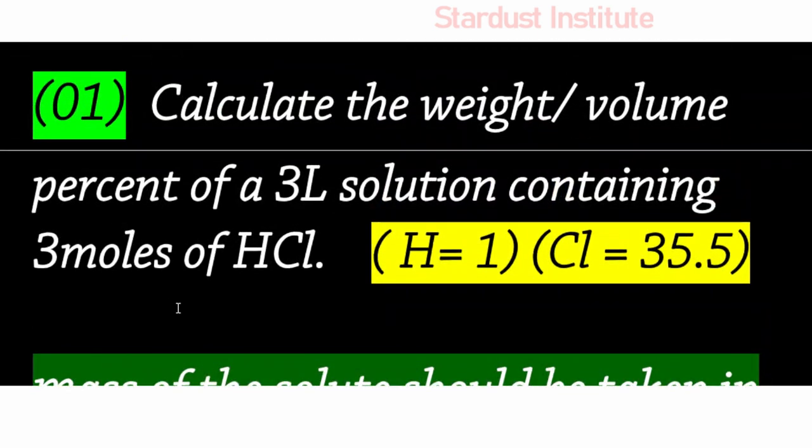We have been given the mass of the solute in moles. Therefore, we have to convert these 3 moles into grams. For that, we have to find the molar mass of HCl.